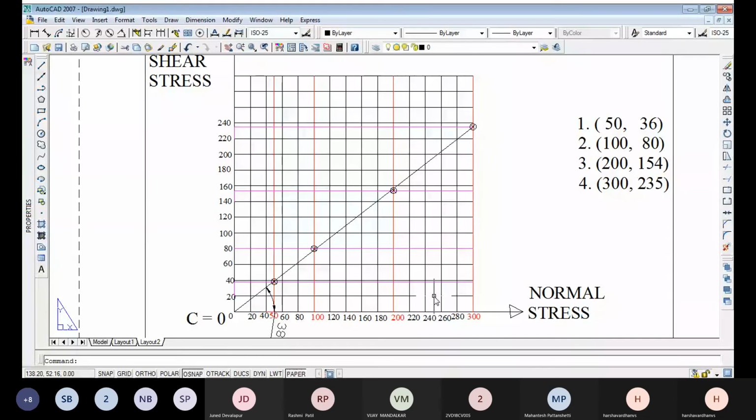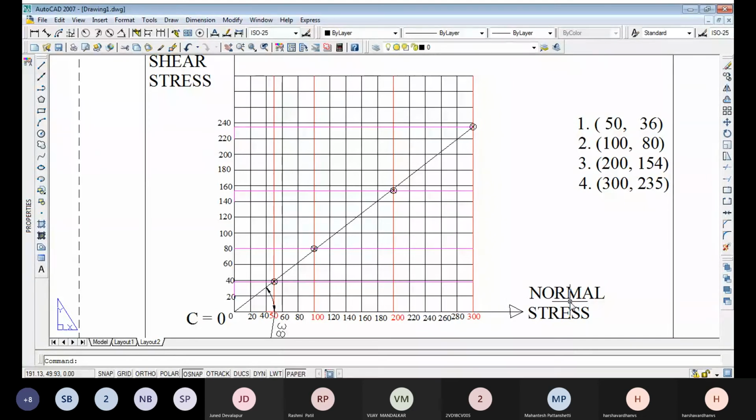Now these problems we solved today were based on direct shear test, where for each trial normal stress is kept constant and we go on increasing shear stress until the soil sample fails.